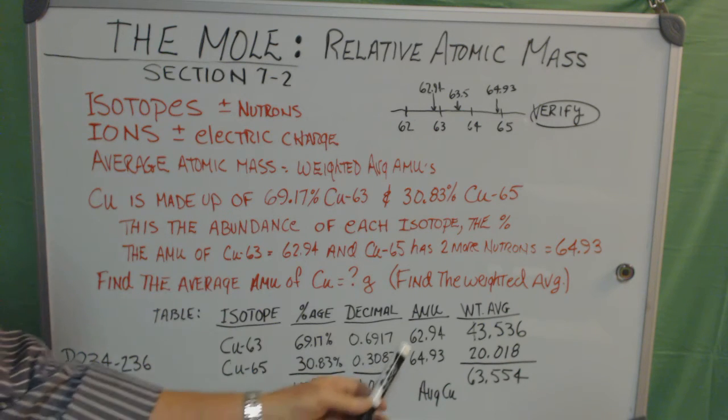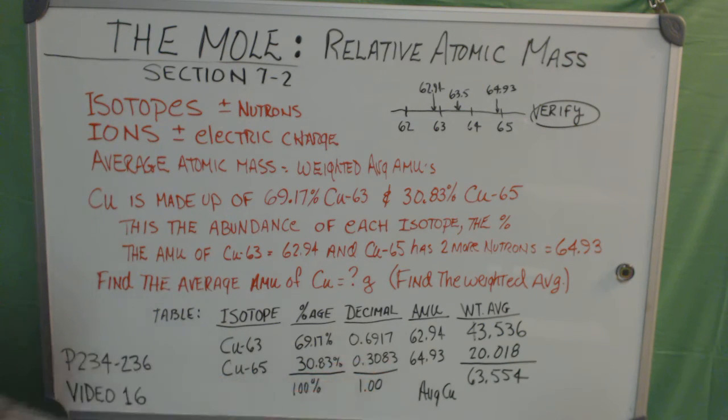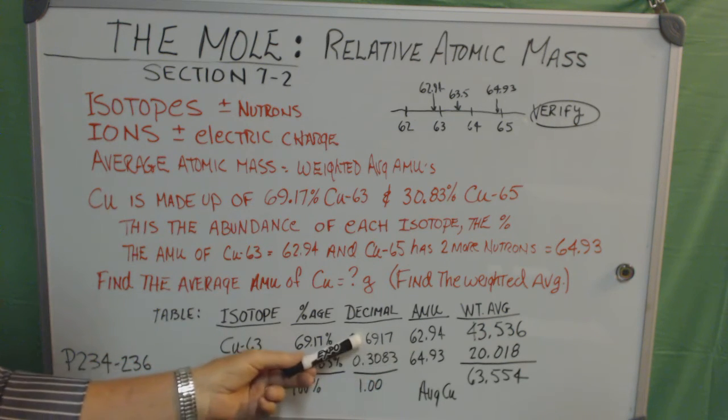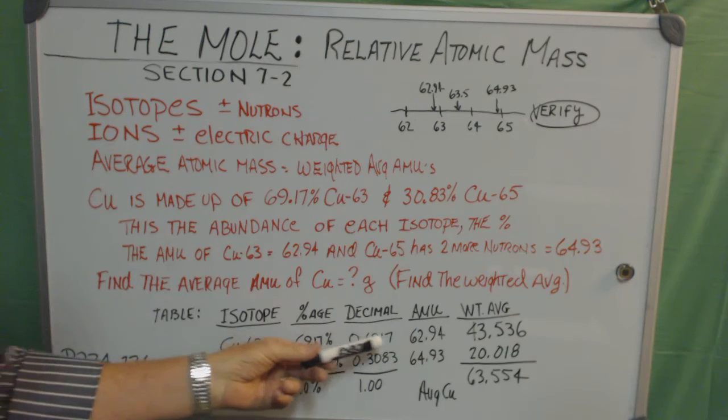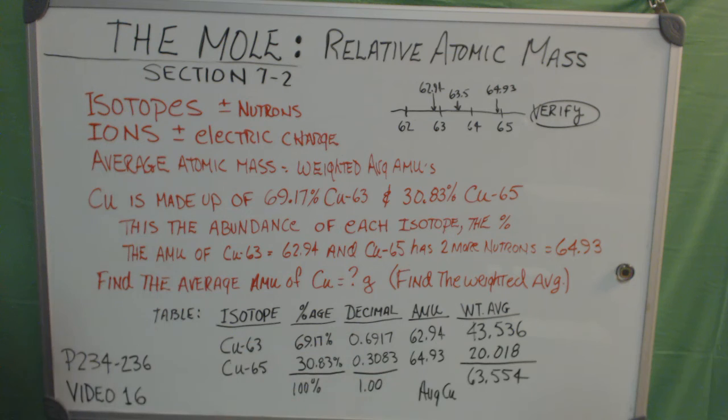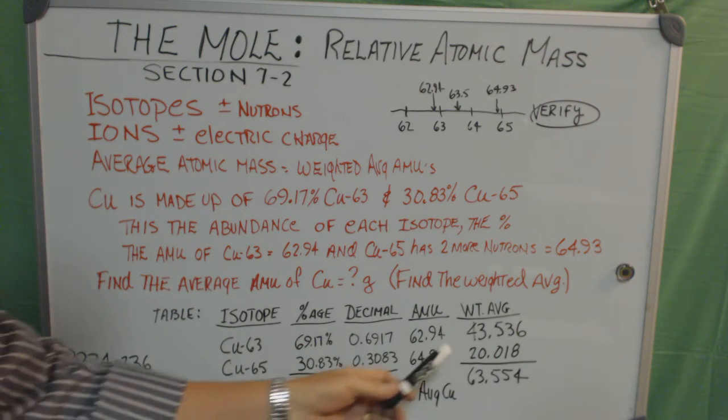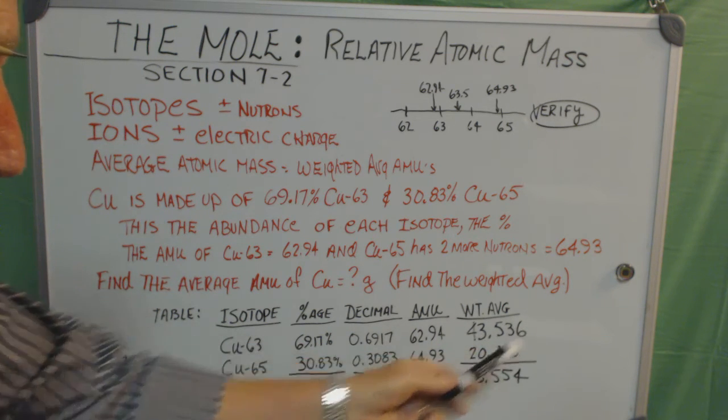So I take my AMU of each isotope, and I multiply the AMU times the decimal. That tells me how much of that I have in my final copper, and so I end up with 43.536.